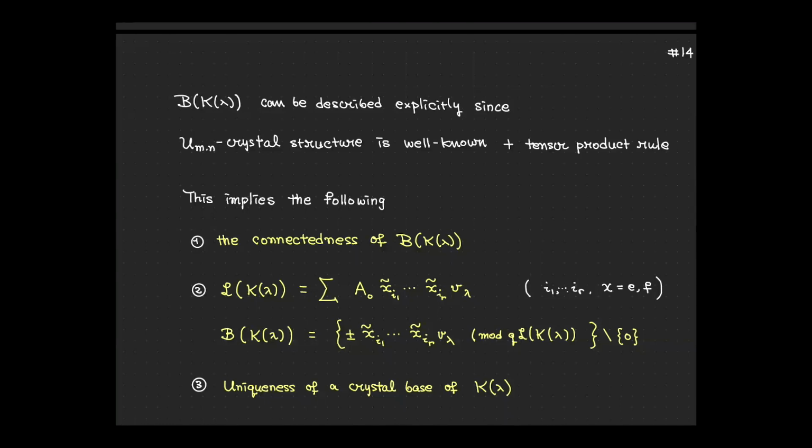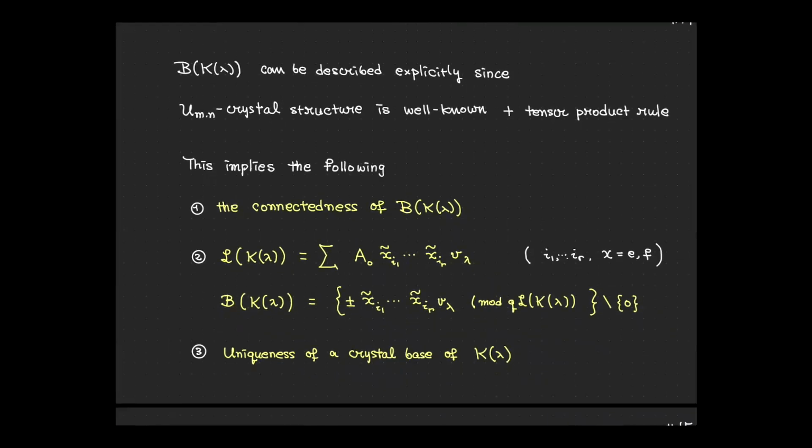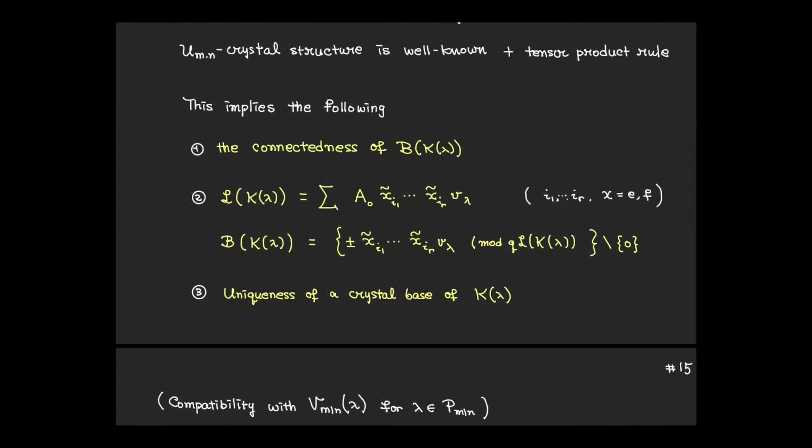So L_K(lambda) is equal to the A_0-span of monomials given by applying the crystal operators E or F to the highest weight vector. And we can also check the connectedness, so that we can prove the uniqueness of a crystal base up to scalar multiplication on the highest weight vector.